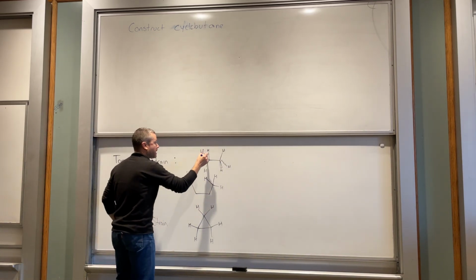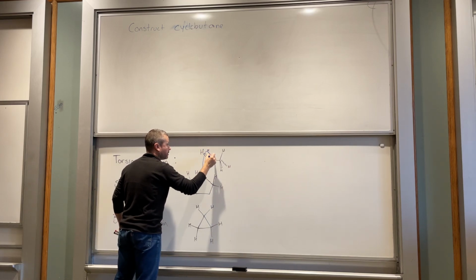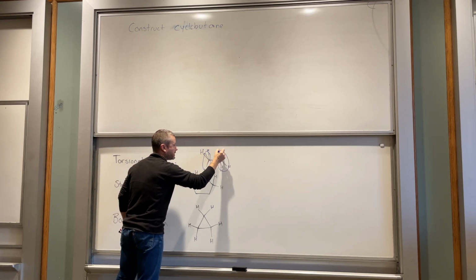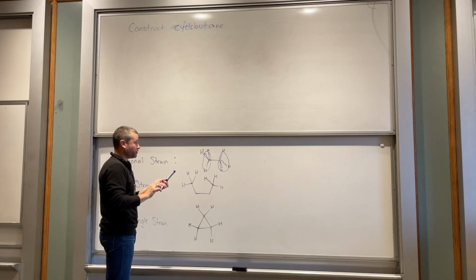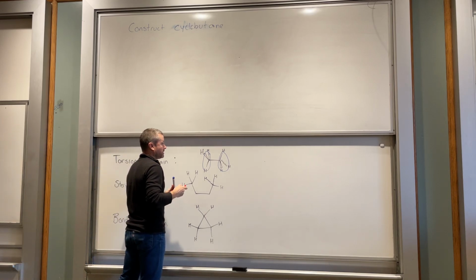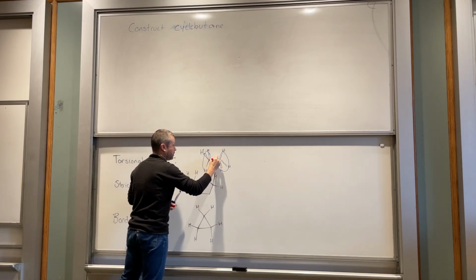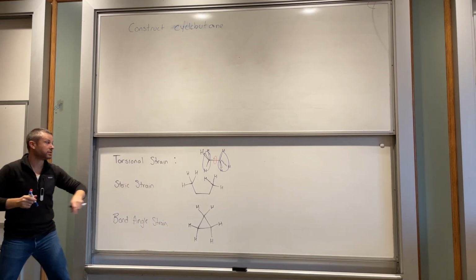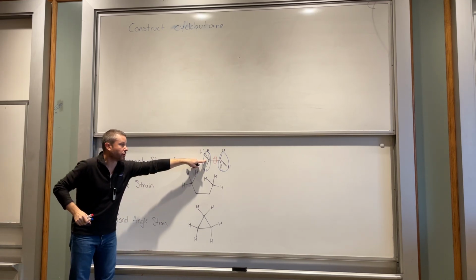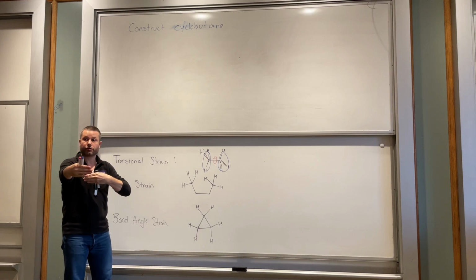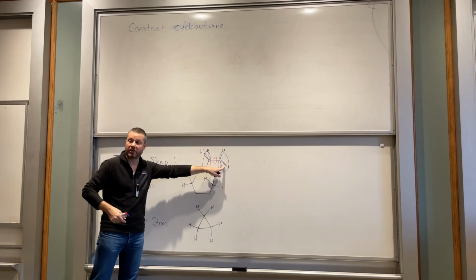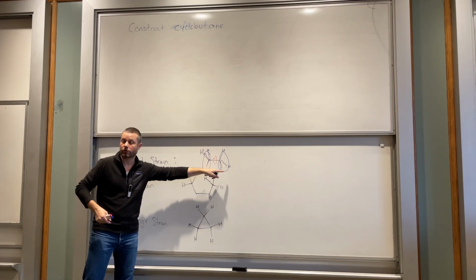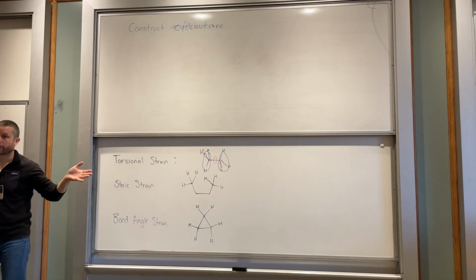Good. So we have groups of sigma bonds here, and they're going to be interacting with the groups of sigma bonds there as we rotate around the central carbon-carbon bond. As we rotate around that bond, these electrons are going to get closer and farther away from these groups of sigma electrons. Torsional strain does not go beyond that.